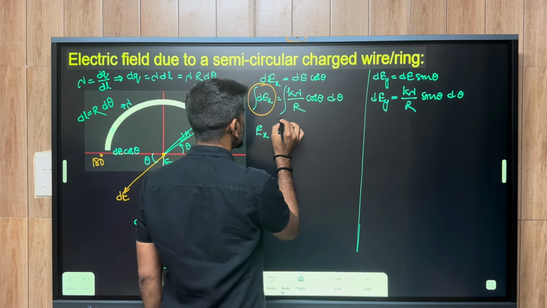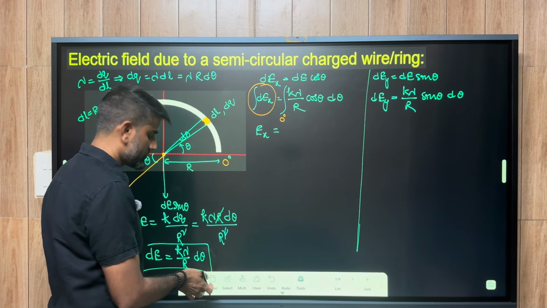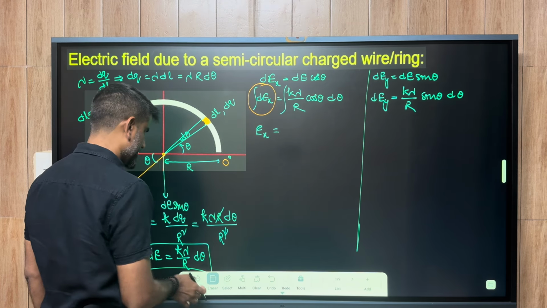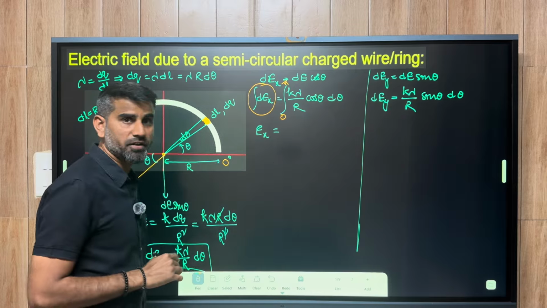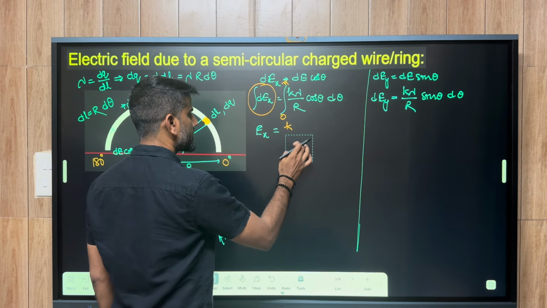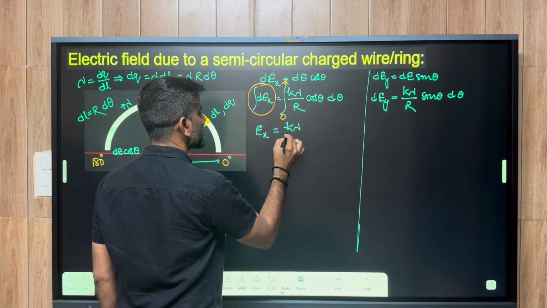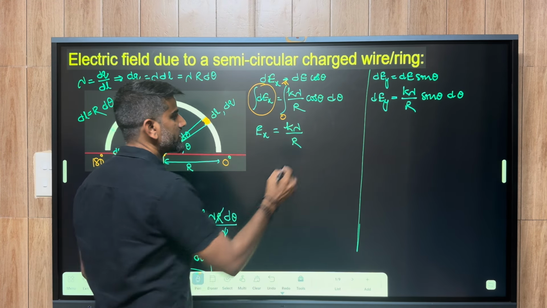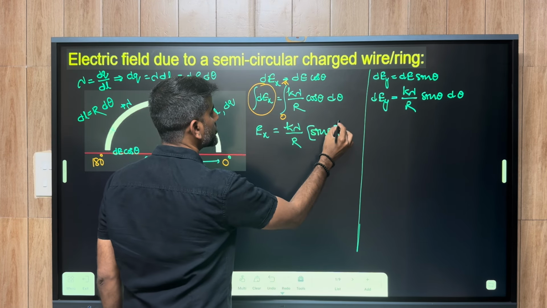So the angle extends from 0 to pi radians. Now k is constant, so I'm taking all the constants outside of the integration: k lambda by r, and the integration of cos theta is sin theta, from limits 0 to pi.